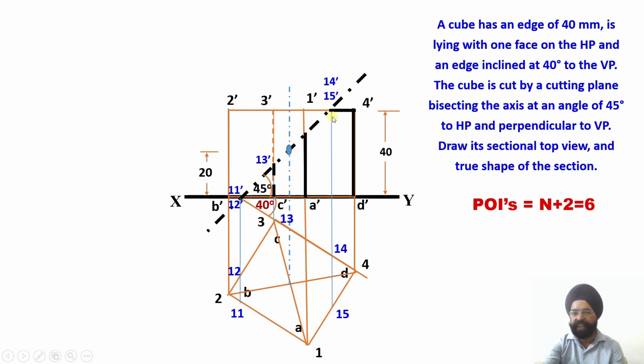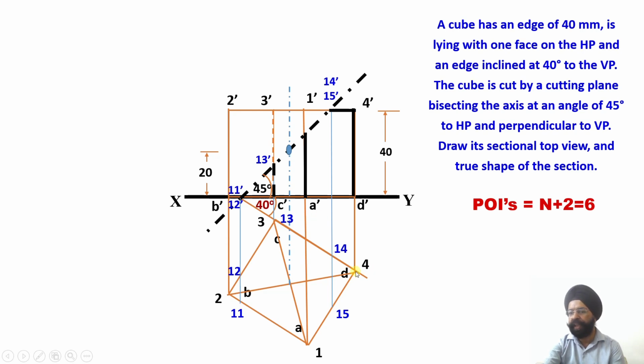So this 15 dash, I am going to bring down the top view projector. Now I am going to evaluate. Wherever this 15 dash point meets the top face edge 1, 4, I get the point 15 over here. So this way you see 11, 12, 13, 14, 15.